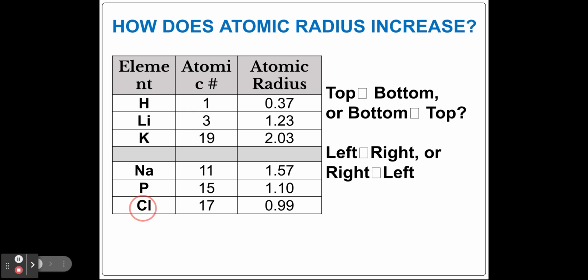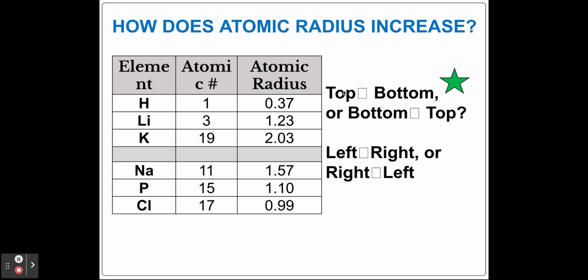Chlorine is the most to the right in that period, and it's got 0.99, and phosphorus is in between. Right away we can see as you go from left to right, the atomic radius is decreasing. That means going from right to left, the radius is increasing. Those are the trends that we're seeing.